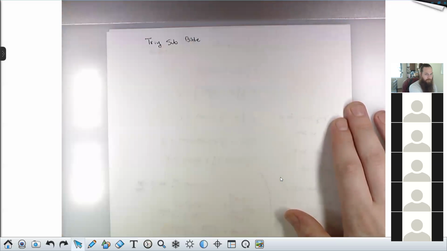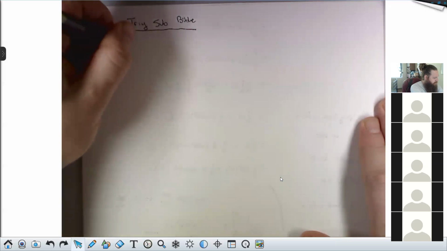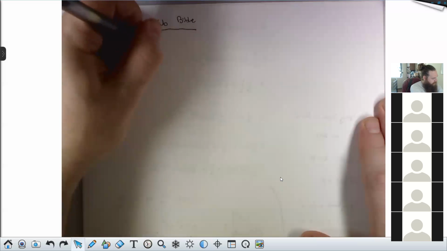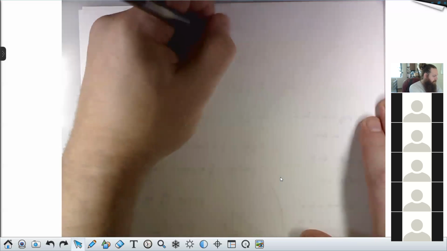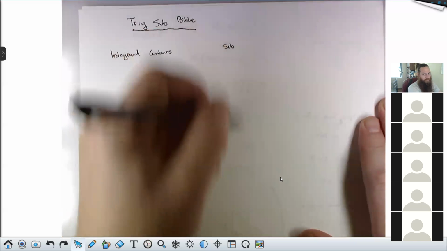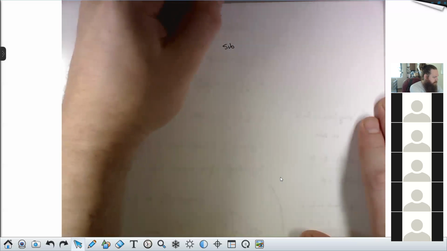Here's the way I like to arrange this. If your integrand contains an expression of the sort I'll put here, then you make the substitution that I'll put over here. I'm going to use the variable u. Here, u is a function of x.